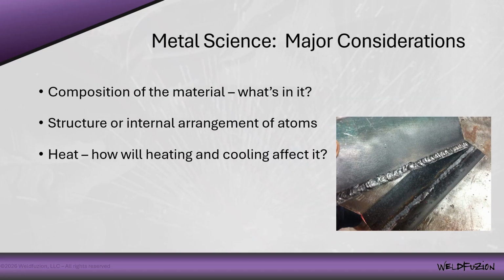As a review, in terms of welding, we're most concerned with the composition of the material, what's in it. The structure or internal arrangement of atoms and how heating and cooling may affect it is also important, as all metals respond to the heat of welding to some degree. But they respond differently based on the alloying elements, the internal structure, and the amount or rate of cooling, right?